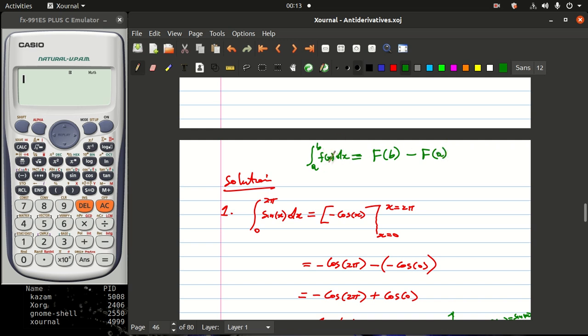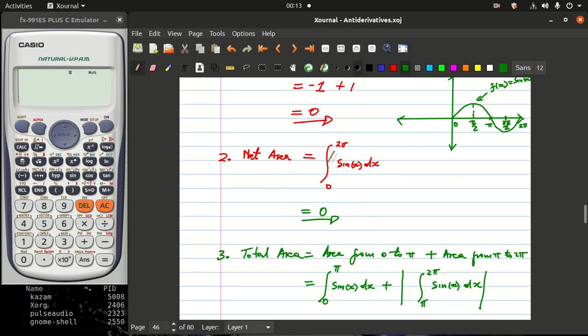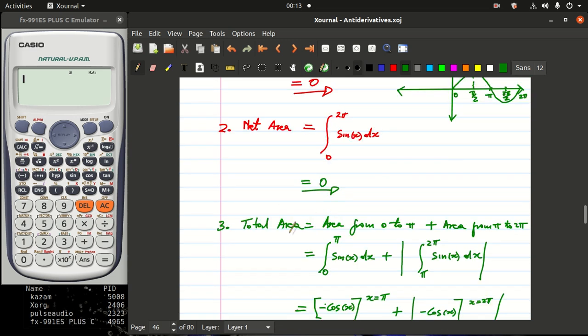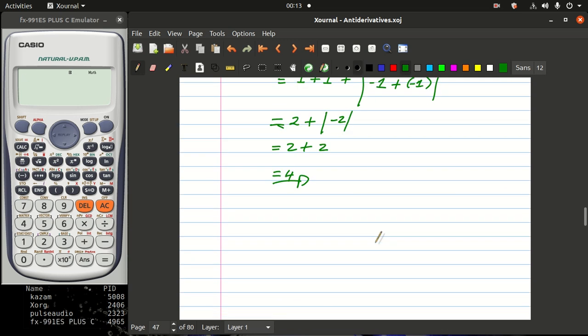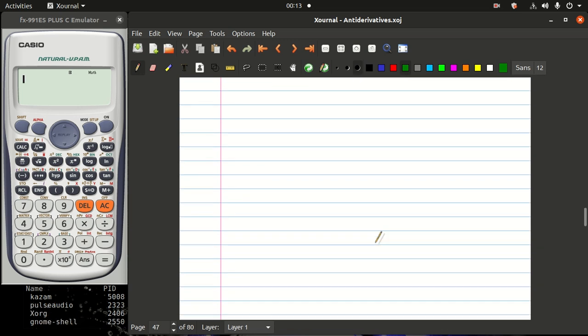That is what this thing is. As you can see here, this value we plug there to get that, and this value we plug there to get that. That is the meaning of this when you're evaluating that. And of course, this is the net area. But when it comes to the total area, you have to draw the curve to see if you are having positive areas and negative areas that keep cancelling out, so that you can get the exact total area.